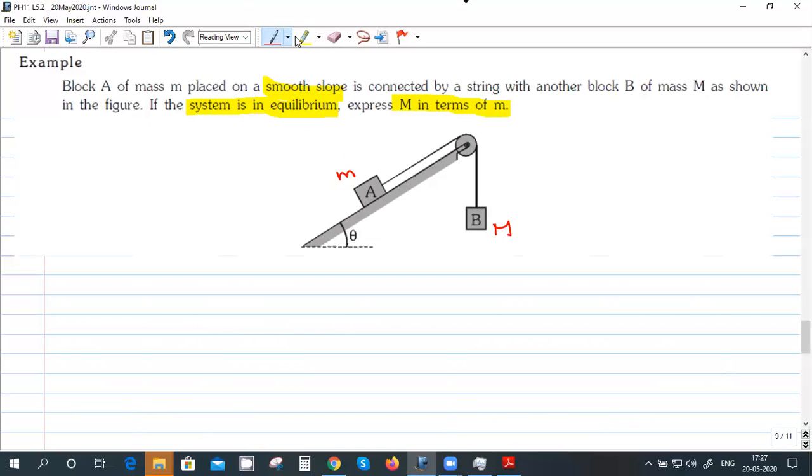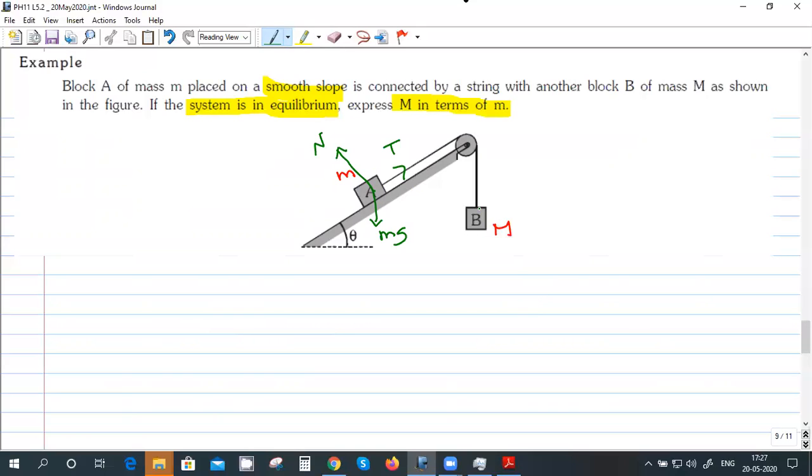So to solve the problem, what will you do first? What is the first step? Split into x and y components. Yeah, free body diagram, right? This is mg, and this is tension T, and there is a normal reaction here.